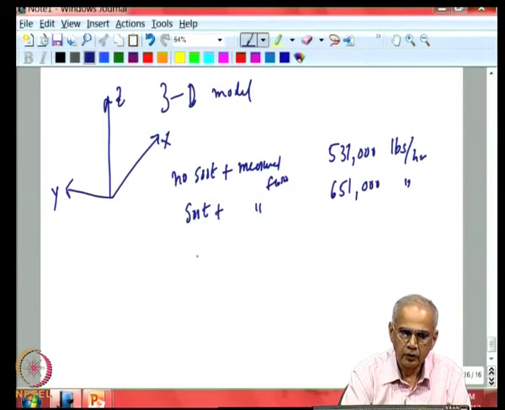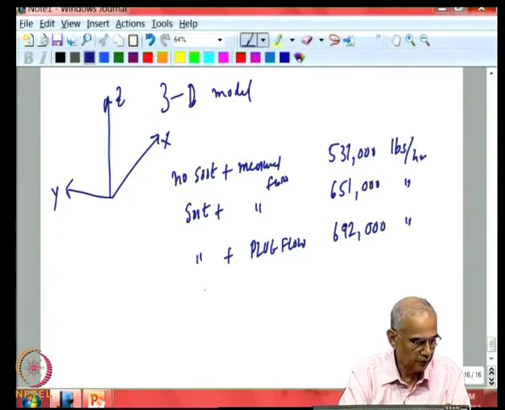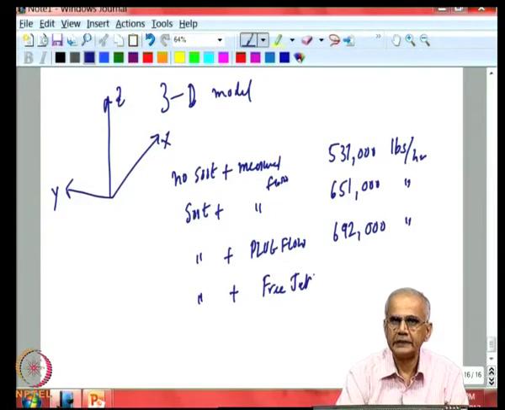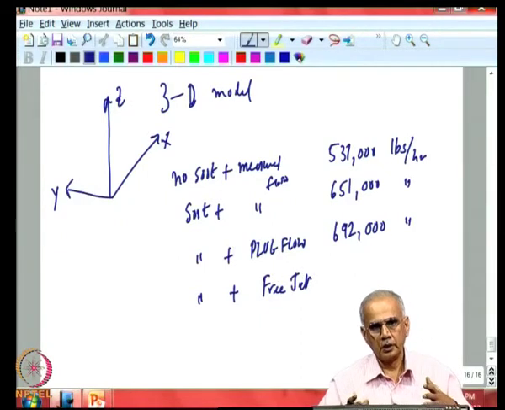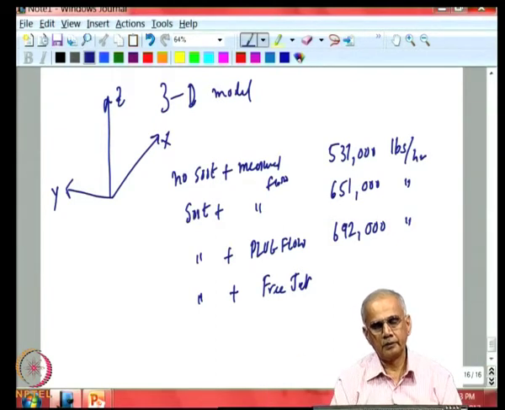Then you assume soot and assume a simple plug flow model, uniform velocity, you get 692. And finally, use a model with soot and assume the flow to be a free jet, which is what is true, because air coming from the fuel burner and taking in the primary secondary air will flow like a free jet.